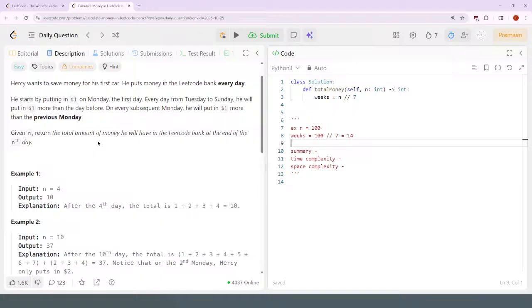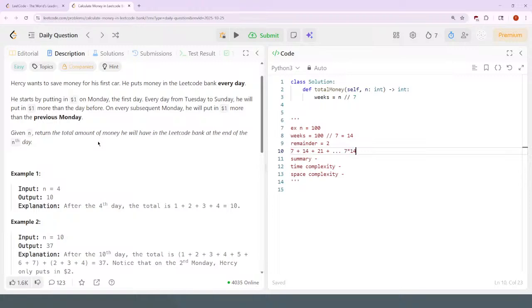But the remainder days would be 2 days. If I have 14 weeks, 14 weeks could convert to be like 7 plus 14 plus 21 plus whatever.